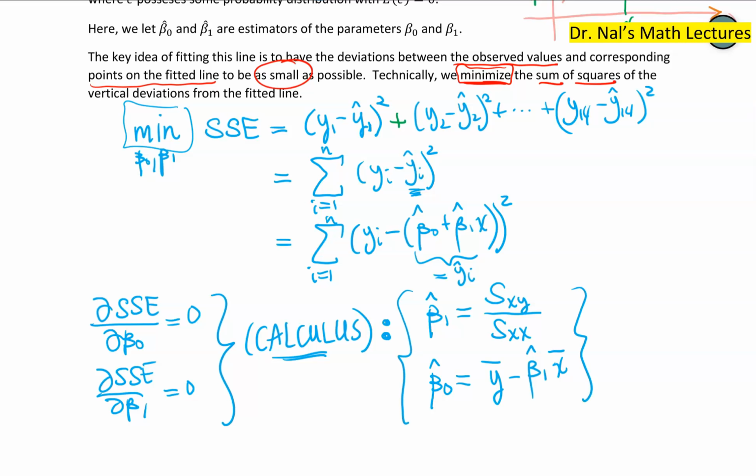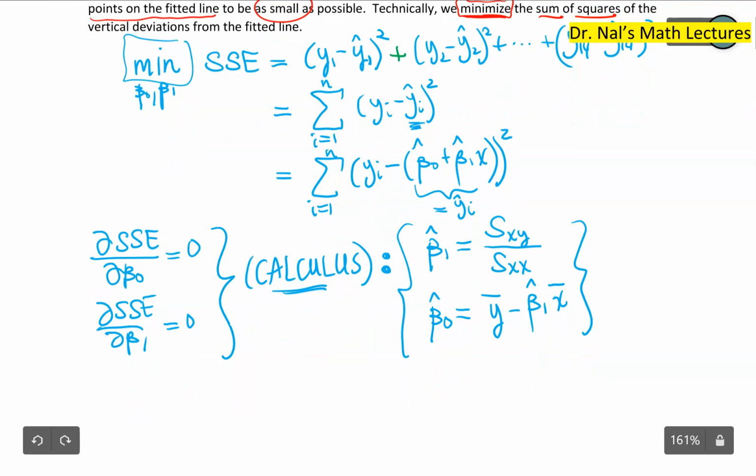Now we need to explain what sxy and sxx mean. I'm sure you will remember this from the covariance, when we calculated the covariance matrices: the sum of xi minus x bar times yi minus y bar, with i from 1 to n.